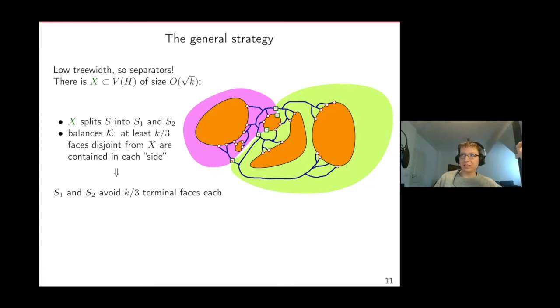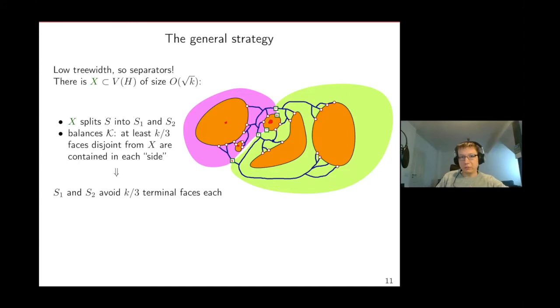Right? It could be that capital X will cut through some terminal faces. So in this picture, for example, it cuts through this face. I don't really care. All I care about is that I will have at least k over 3 faces contained on this side, and also k over 3 terminal faces contained in the other side.